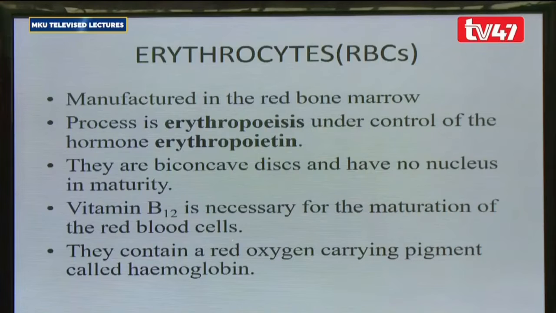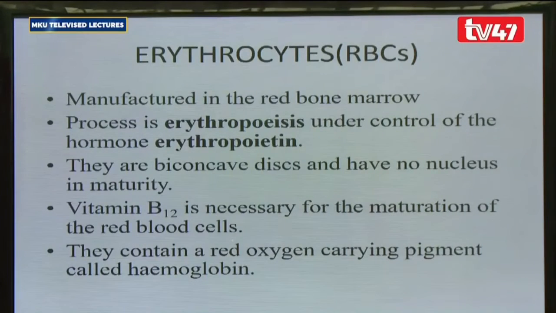The process by which they are manufactured is called erythropoiesis, and this process is controlled by a hormone that we call erythropoietin. For the red blood cells, in terms of structure, they tend to be indented on both sides. A curve on the inside, we refer to that as a concave. So because they are curved on both sides inwards, we refer to them as biconcave discs.